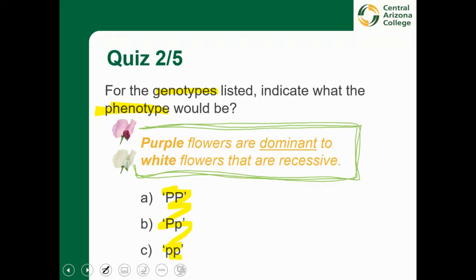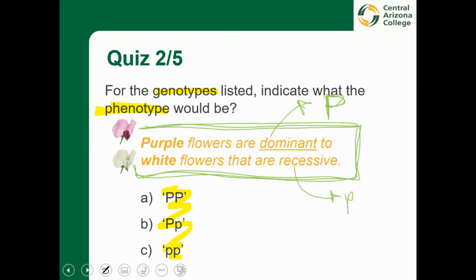Since purple is dominant, we're going to symbolize that with capital letter P. If we are talking about the recessive trait, we're going to use lowercase p, because that was the shorthand that we used: lowercase always for the recessive trait, capital for the dominant trait. And remember, all you needed was one dominant allele, and you would see the dominant trait appearing.